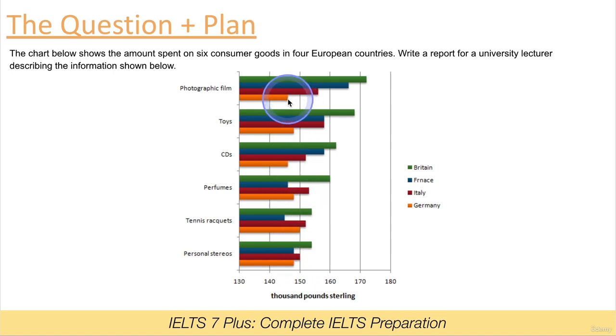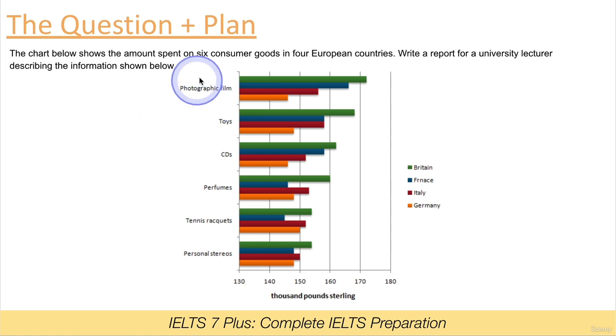Quite a similar range of spending throughout the categories, but nevertheless there's no particular pattern here, lots of fluctuation. So I think for this question I'm going to group Britain and Italy together, and France and Germany.